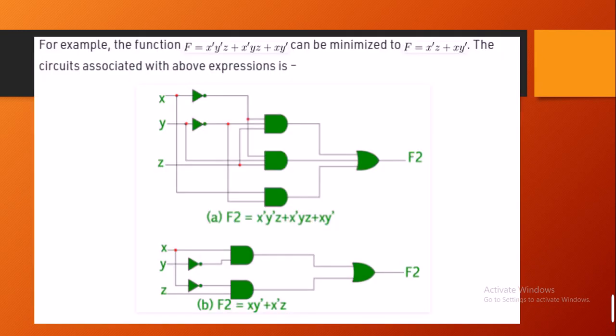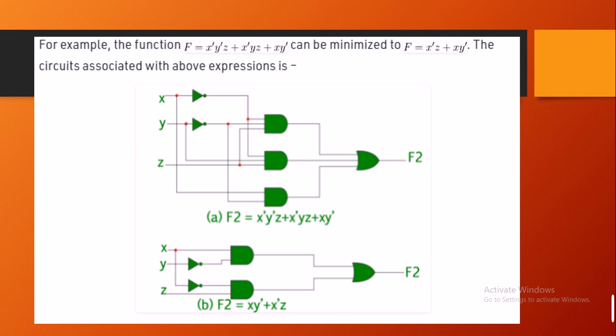Further, this is minimizing the function, how it is done, and then I'll show the K-map. For example, this function f can be minimized to this. This is the logic diagram of the function x dash y dash z plus x dash y z plus x y dash, and this is after doing the minimization, that is x y dash plus x dash z.